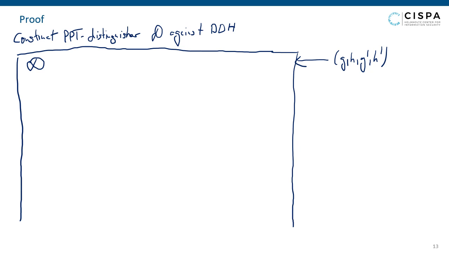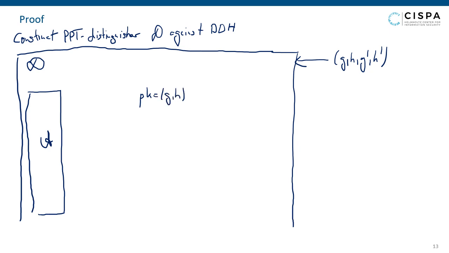So okay, what does D do? Now, of course, D will simulate the INCPA experiment with a small modification. First, it will set the public key just to G, H, where of course it obtains G and H from its own input. It gives this public key to the adversary, whereupon the adversary outputs 2 messages M0, M1.